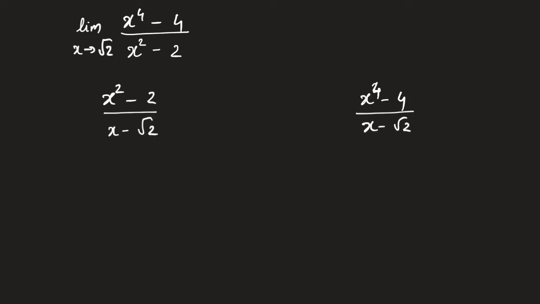But in the earlier case, the ratio x power 4 minus 4 by x square minus 2 was itself not giving something interesting. When you took the limit as x tends to root 2, it was giving us something more interesting. So perhaps we should take the limit x tends to root 2 here as well. Okay, and we expect that this limit exists.